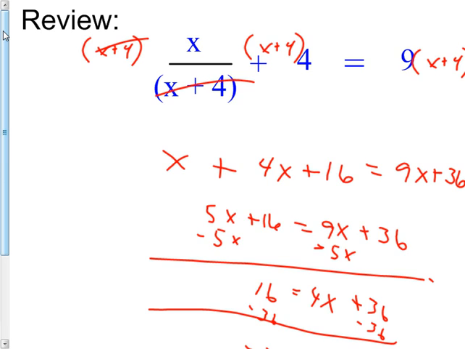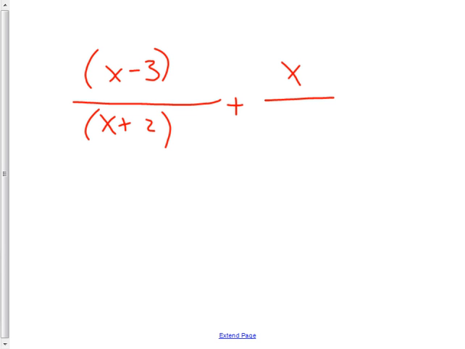What if it looked like this? I can't multiply by x plus 2 because it won't fix the whole thing. I can't multiply by x plus 3 because that won't fix the whole thing either.